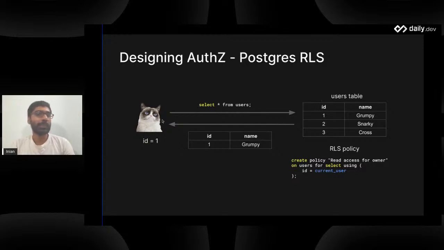So even if, say, a user comes with ID 1 and tries to do select star from users, Postgres itself returns only one of the rows from the table. The other rows are hidden because they do not pass the policy attached to the table for this particular user. So you don't even need to write, for example, select star from users where ID equals 1. That is taken care of by the row level security policy attached to the users table.